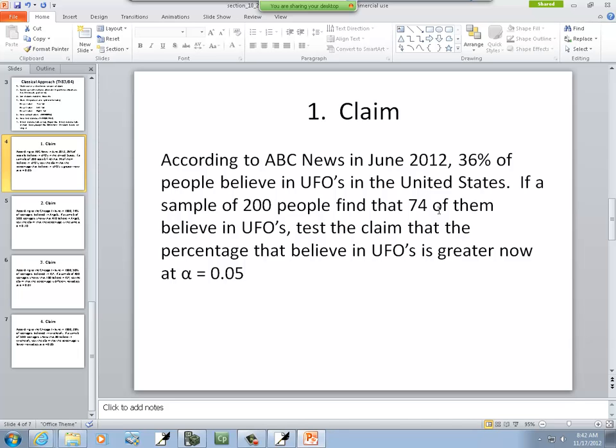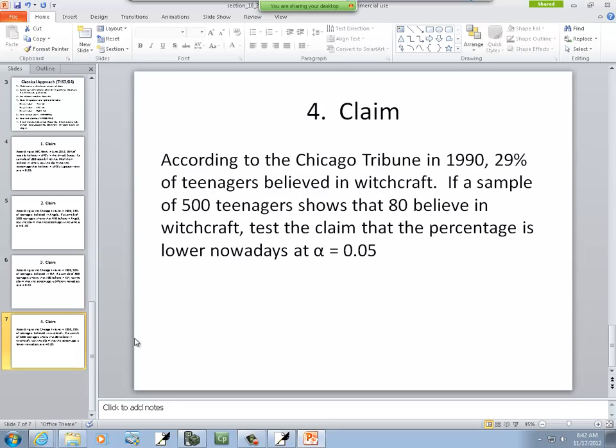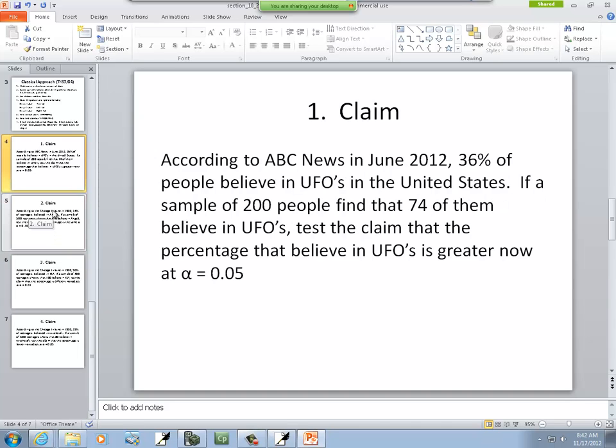UFOs, 36% of them believe in it. 50% believe in ESP. 29% believe in witchcraft. It's always amazing to me, just a personal commentary, that people seem to believe more in things they can't see than things that are right in front of them. You know, whatever you might think of God, you can't deny the proof's right in front of you.